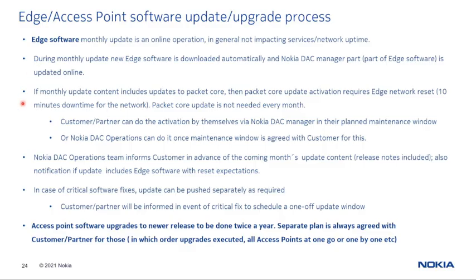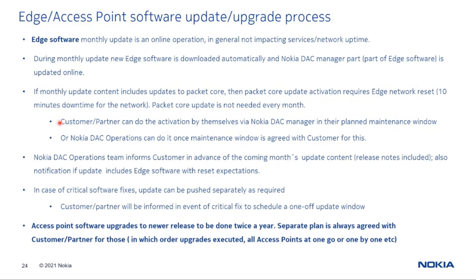Then the point I have been mentioning about the network reset is that in certain cases we need to update the packet core. We need to update the VNFs, and in that case, the software activation requires this network reset operation, which is around 10 minutes of downtime. So for this, there are two options.